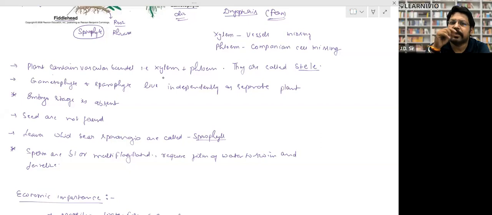Can you tell me what was the relation between the sporophyte and gametophyte in bryophytes? Tell me. Who will tell me?